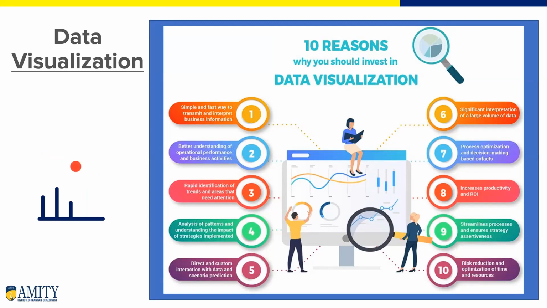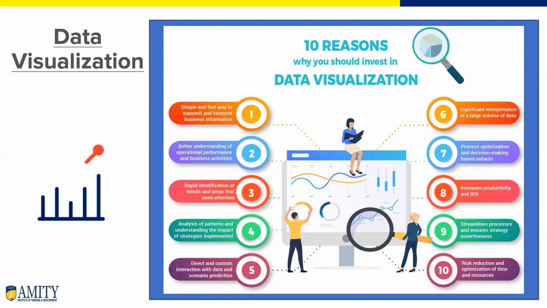Simple and fast. Very quickly, data gets converted into, and if you see the center piece, there are all these donut charts, bar charts, trend lines. Very quickly, they are getting converted into these pictures. You can understand very quickly at a glance. So if I give you lots of numbers, probably it'll take time to understand. But if I give you a quick trend line, very quickly they understand.